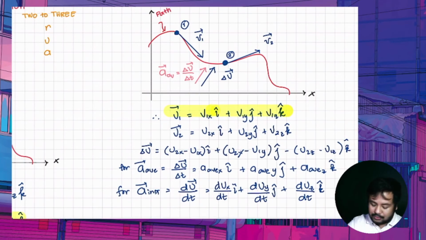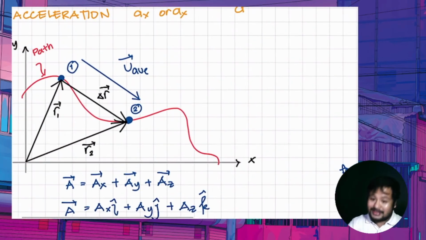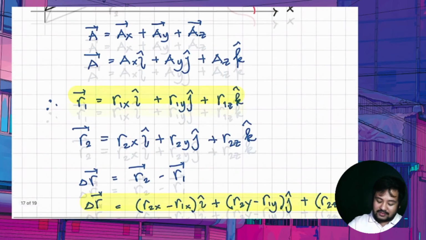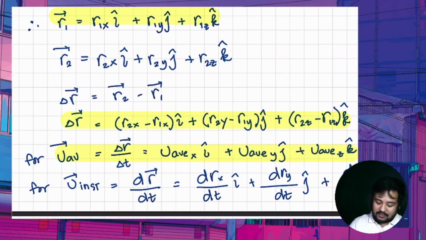Now I forgot to take note of the average velocity vector. Always remember your average velocity vector, v average, the direction of your v average is dependent on the direction of delta r. Because between the displacement and time, it is the displacement that is a vector.